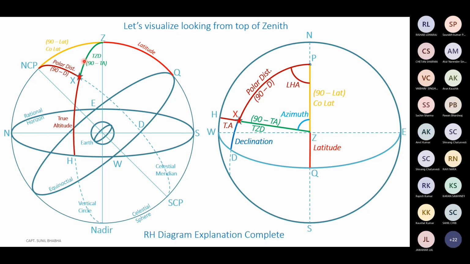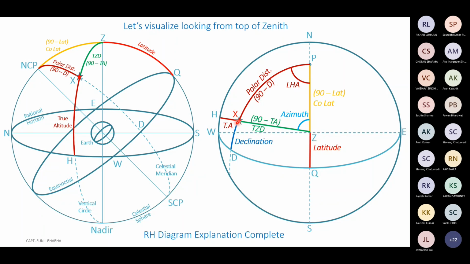Now the third side, which is the ZX side, is part of the vertical circle passing through the body. All vertical circles are also semi-great circles. So this triangle, the PZX triangle, is a spherical triangle because it is made on the surface of a sphere, which is the celestial sphere, and all three sides of it are arcs of great circles.